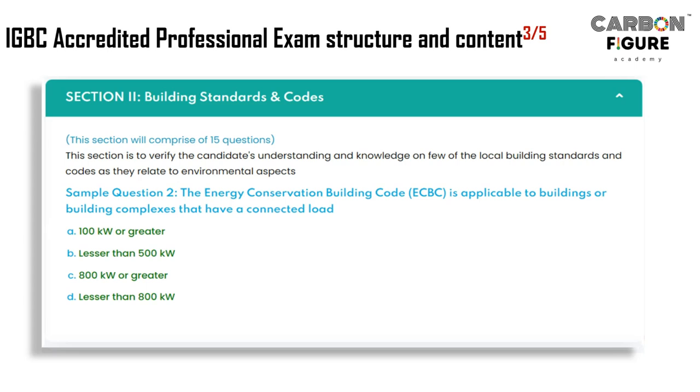The simple question is: the Energy Conservation Building Code, ECBC, is applicable for buildings or building complexes that have a connected load of 100 kilowatt or greater, lesser than 500 kilowatt, 800 kilowatt or greater, or lesser than 800 kilowatt. It will be 100 kilowatt or greater.